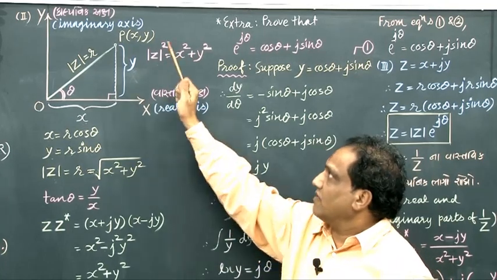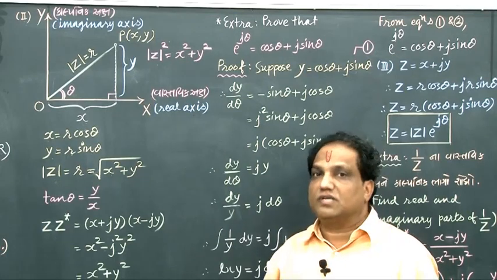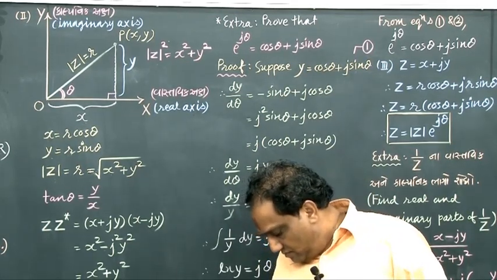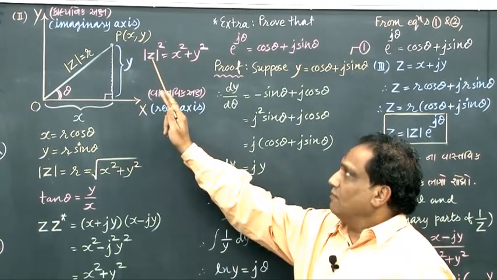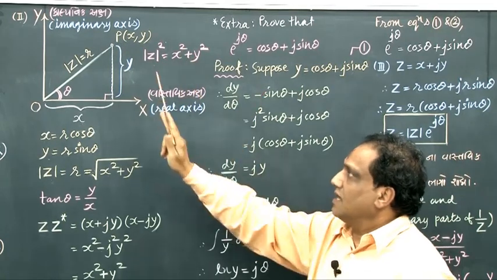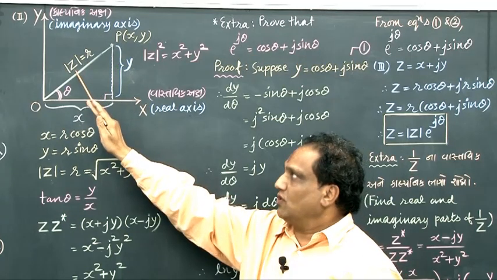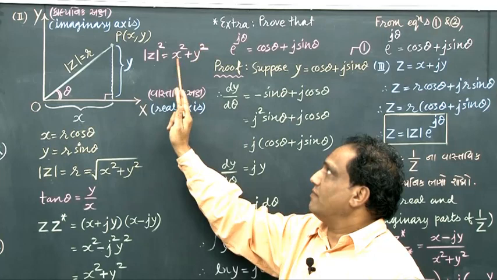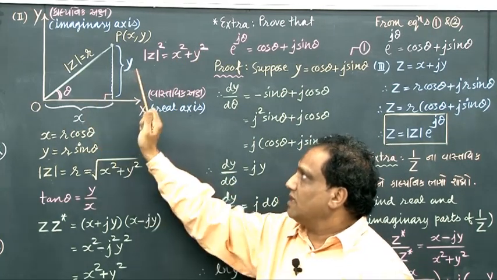So mod z square will be equal to x square plus y square. I repeat, in this right angle triangle, the square of the hypotenuse is equal to the summation of squares of the remaining two perpendicular sides. Mod z square equals x square plus y square.